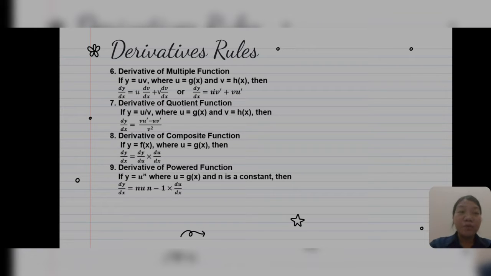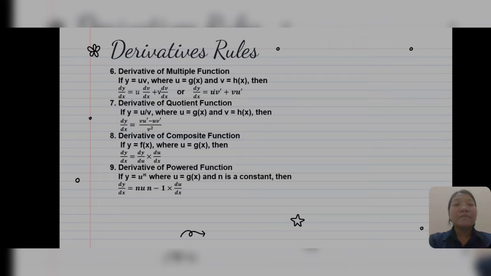Then the formula is delta y per delta x equals u times delta v per delta x plus v times delta u per delta x. Or we can simplify it as u times v' plus v times u'.